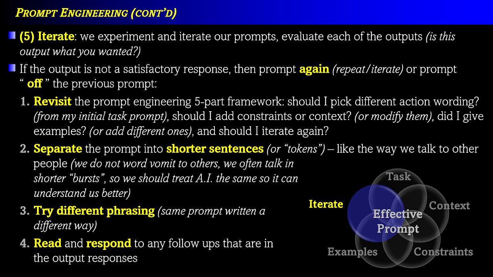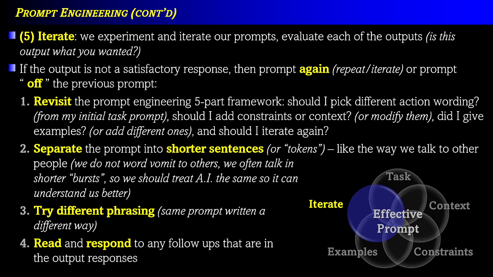Second tip in the iterative process is to separate the prompt into shorter sentences. AI works on a tokenization factor. They take your prompt and tokenize the words. Think of it like this. The way we talk to other people, we don't like to word vomit to others. We often talk in shorter bursts. So maybe you should treat AI the same way you talk to people, right?